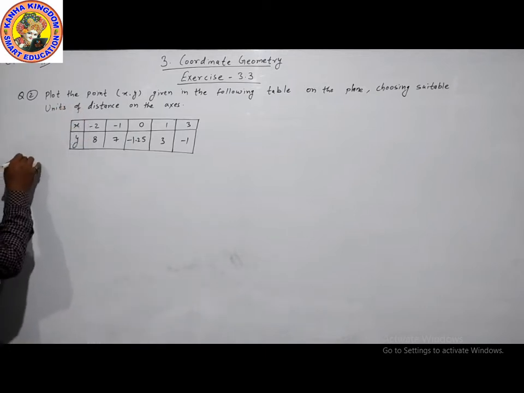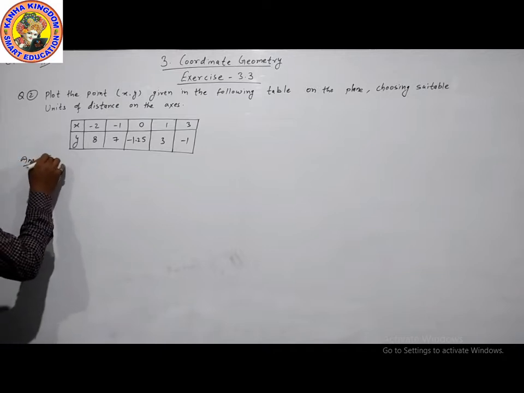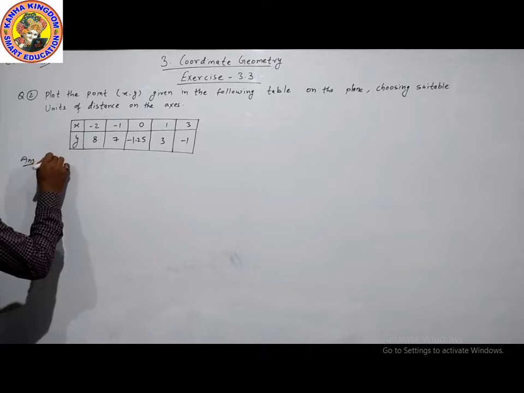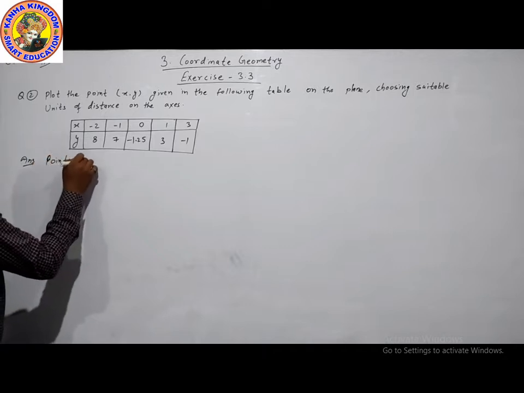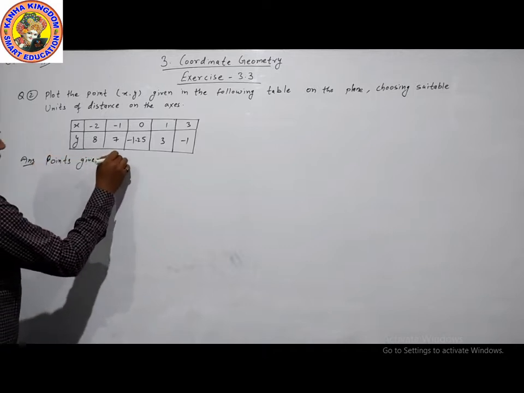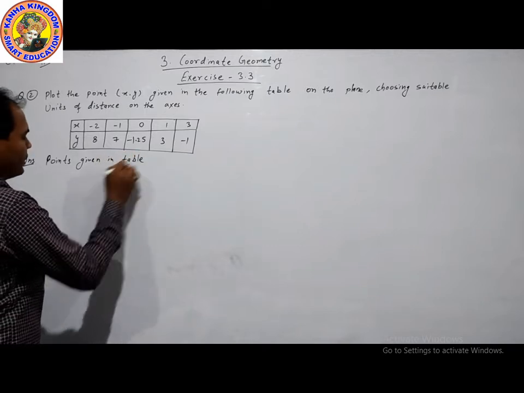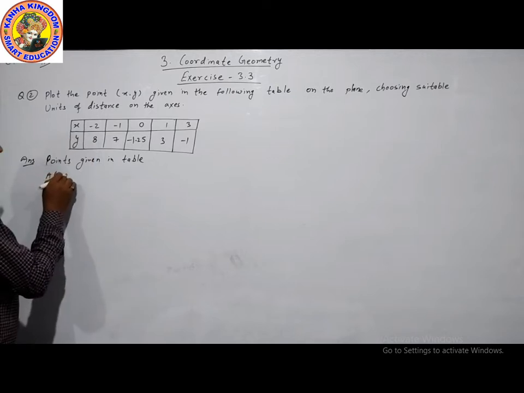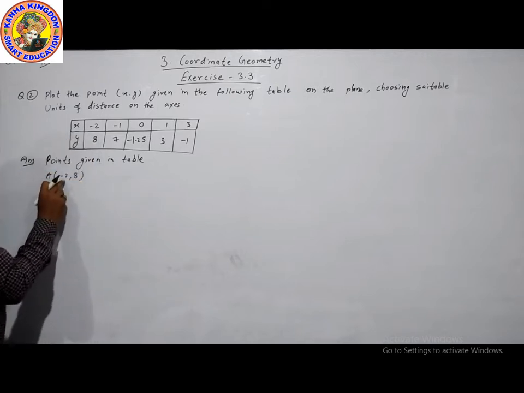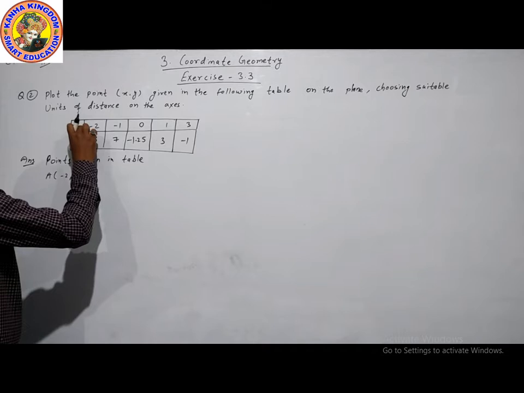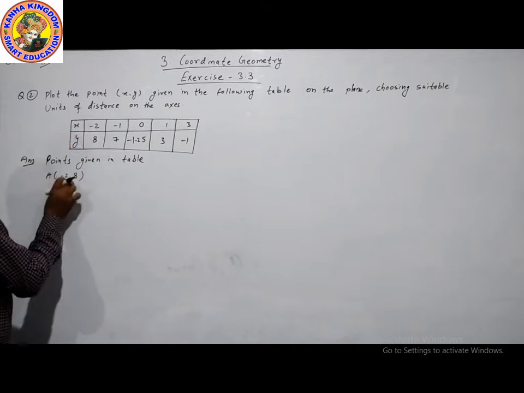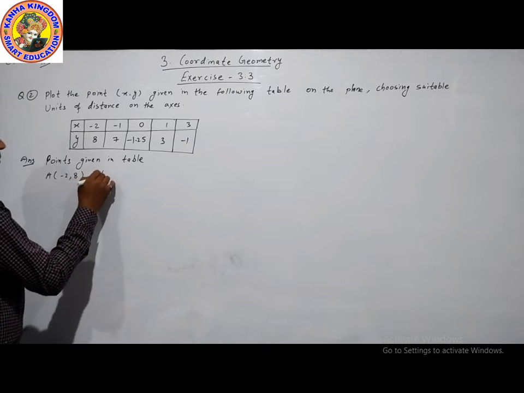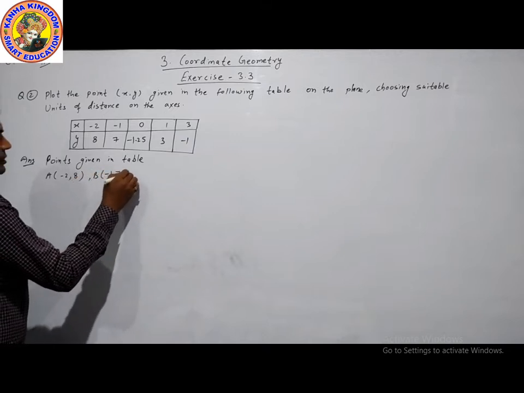First of all, the points given in the table. Point A, -2 and 8, x and y. This pair is called point A, this pair is called point B. Point B, -1, 7.